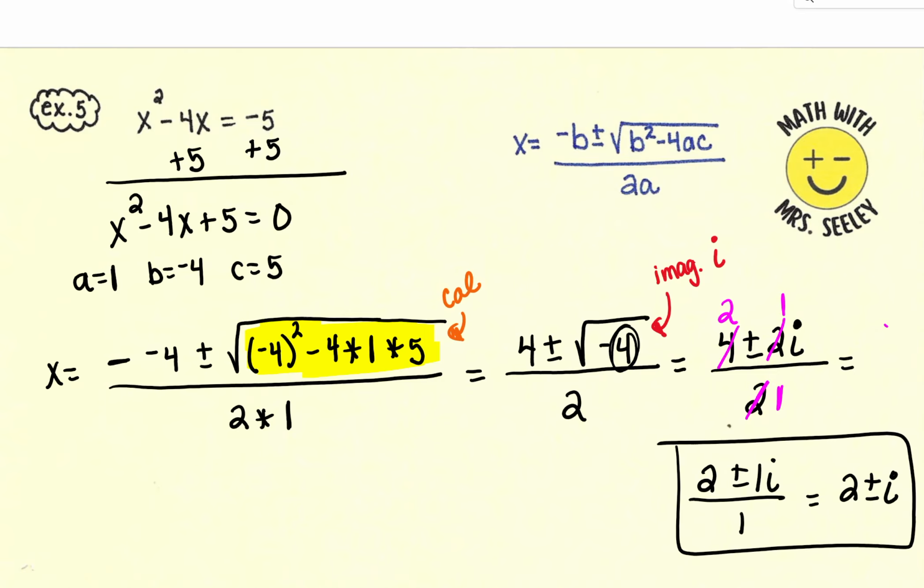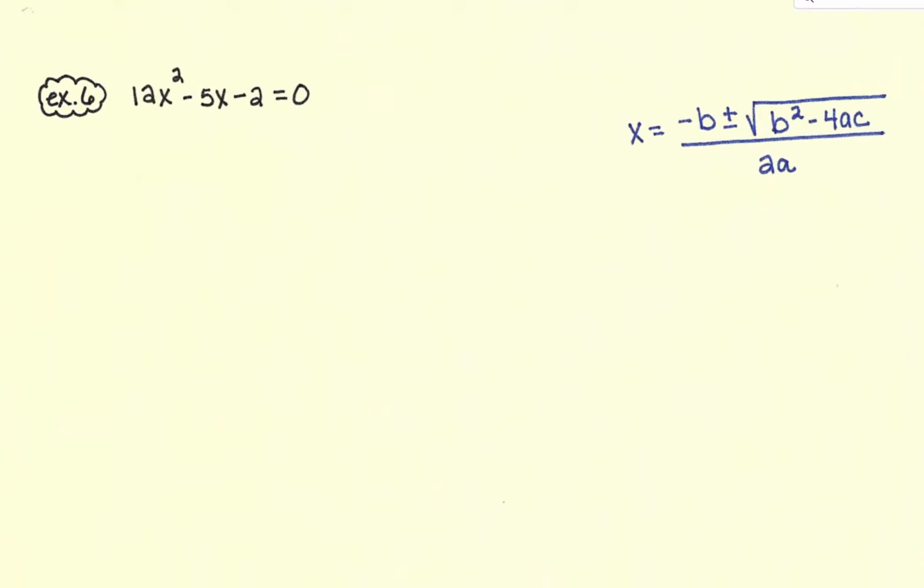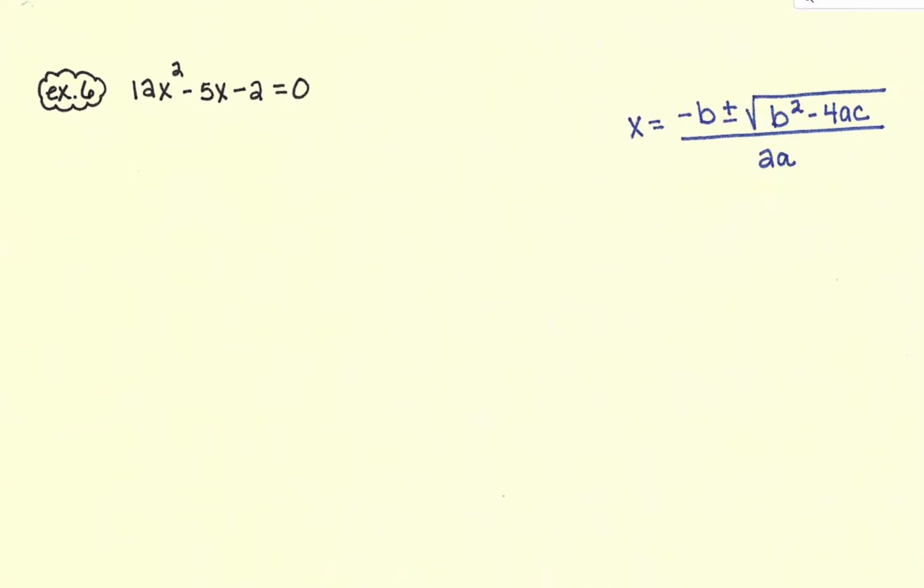Okay, let's take a look at example 6. Example 6 is already in the correct form, so we're ready to go. A is 12, B is -5, and C is -2. So let's use our formula, and if you'd like to, pause the video and try it yourself, and then start it back to check.